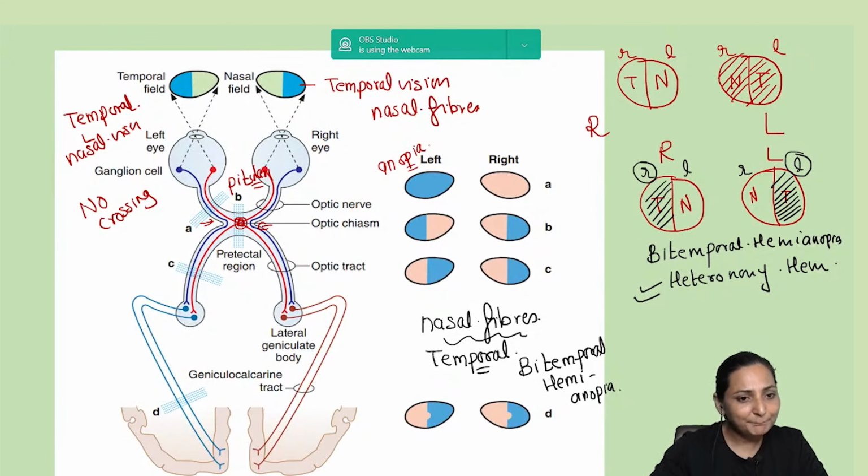Similarly, when there is a lateral compression of the peripheral fibers, usually compression caused by the ventricles over here, that is going to compress the temporal fibers. So when the temporal fibers show a lesion, there is going to be binasal hemianopia.